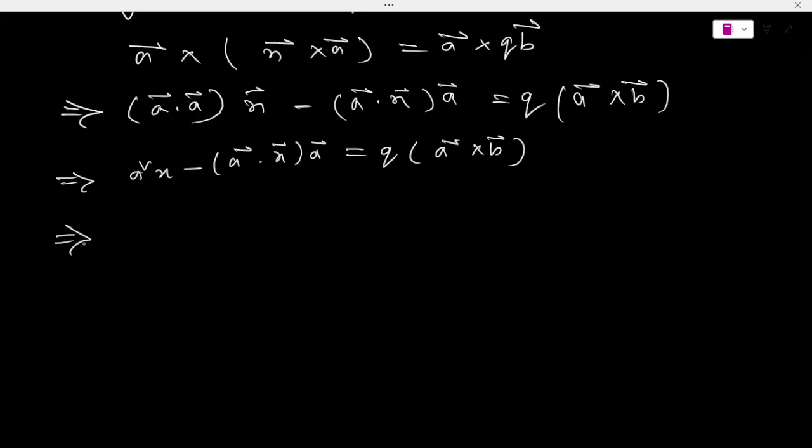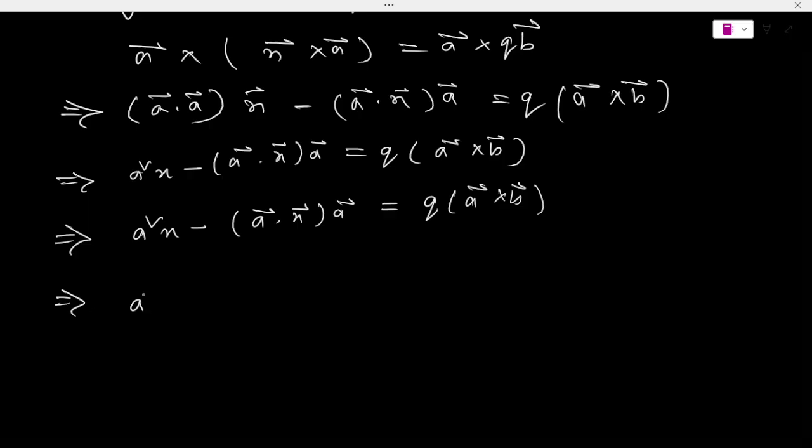So it will be a square x minus of a vector dot x into a vector is equal to q cross of a vector cross of b vector. So it will be a square x is equal to a vector dot of x vector into a vector plus q a vector cross of b vector.